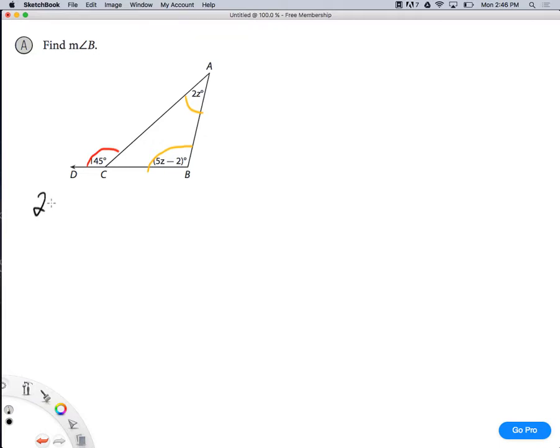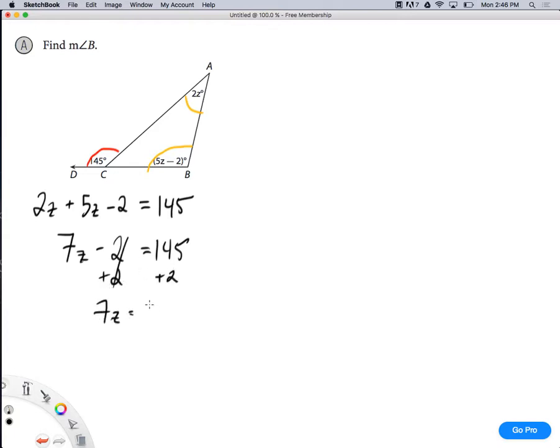So we get 2z plus 5z minus 2 equals 145. Or in other words, 7z minus 2 equals 145. Add 2 to both sides. 7z equals 147. Divide both sides by 7, and I get z equals 21.